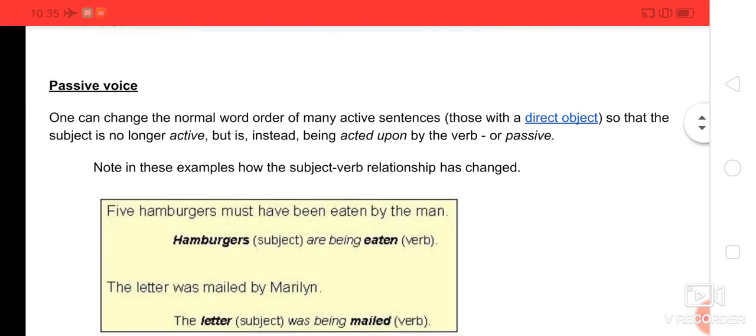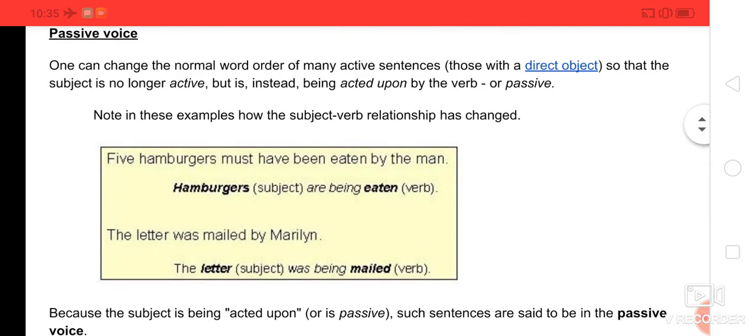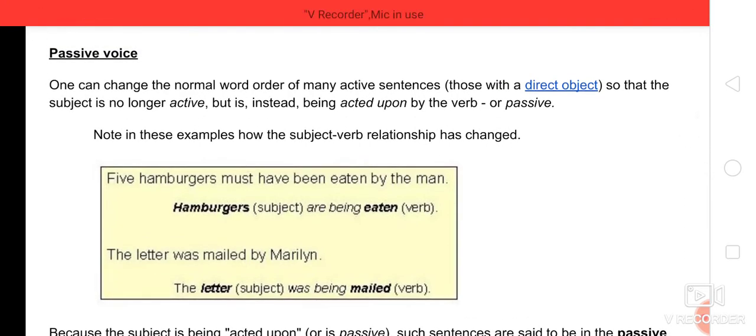Now, what is passive voice? One can change the normal word order of many active sentences, those with a direct object.